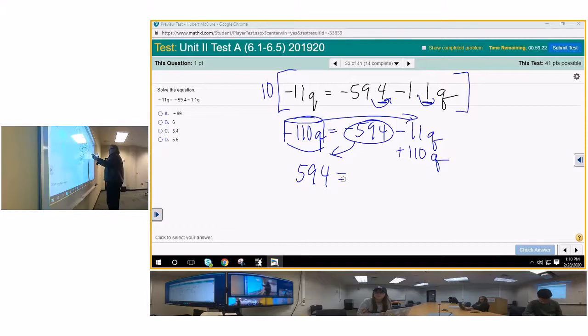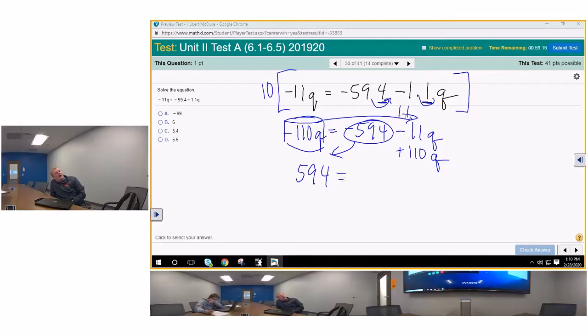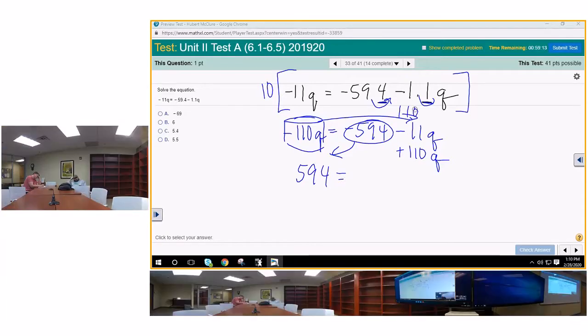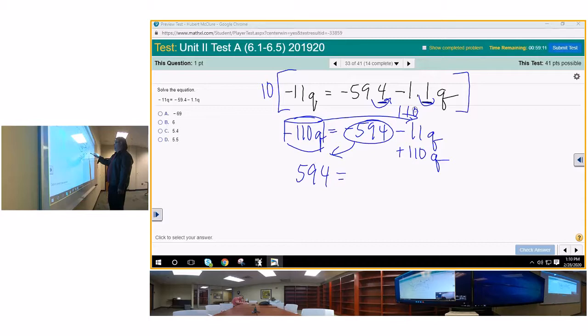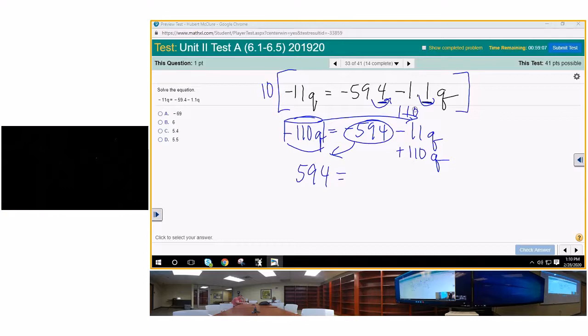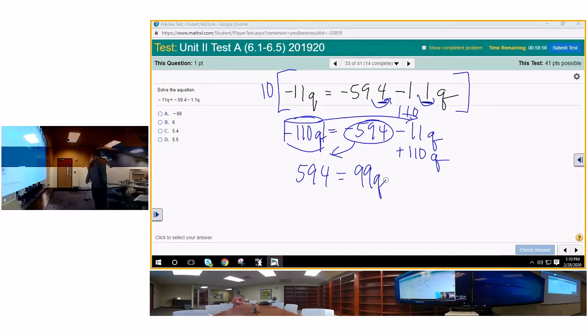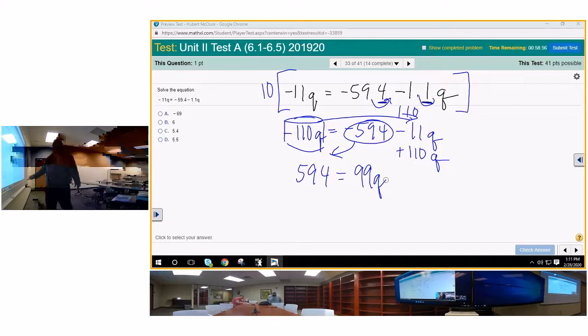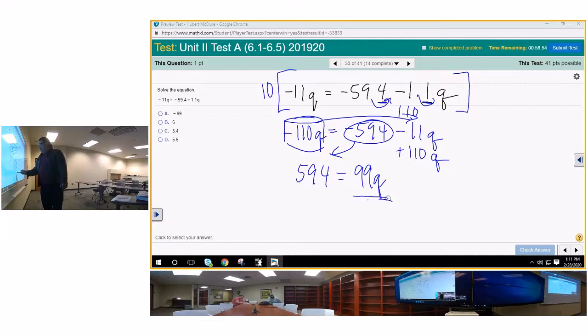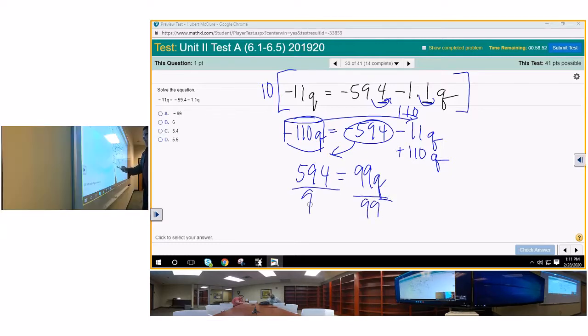What's negative 11 plus 110? 99Q? Well, you have to help me out because I suck at it. 109? No. Or 99? 99? Yes, check my math there because I suck at it. Okay, and divide by 99. Somebody divide 594 by 99 for me.